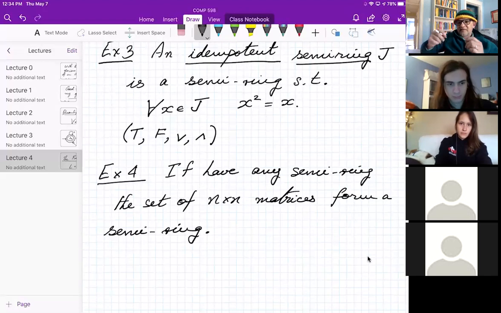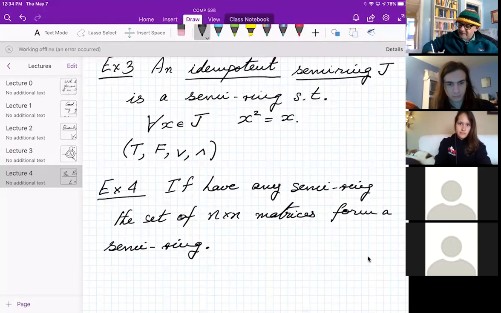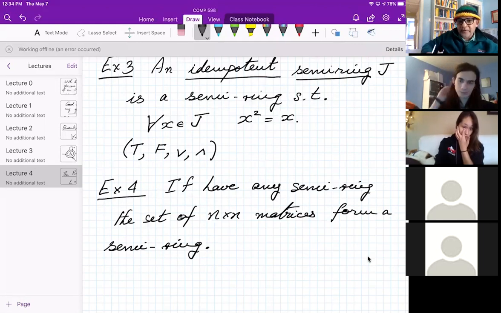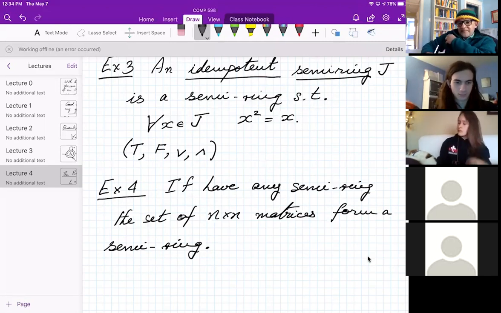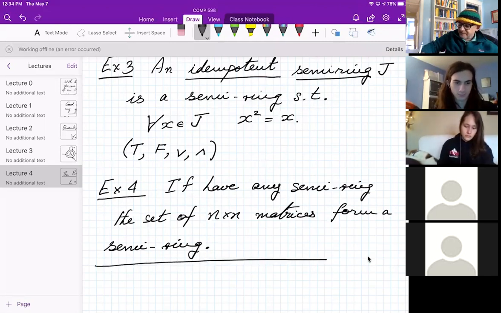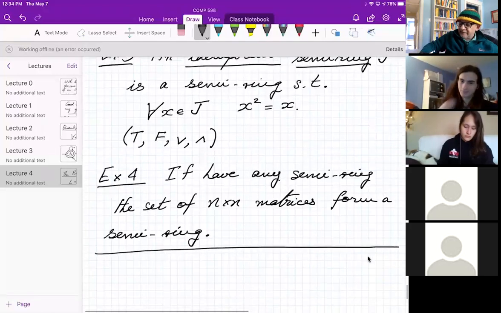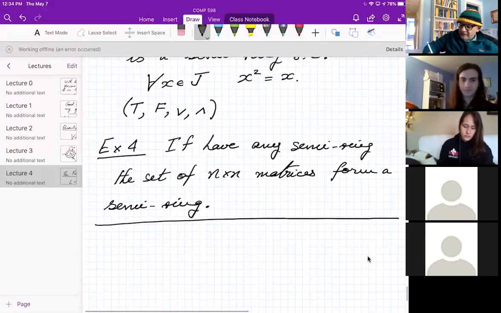So bits, true, false, that's like a very, very simple algebra, not much is going on. But Boolean matrices form a nice semiring. And they are, in fact, an idempotent semiring. And so with Boolean matrices, you can do lots of things. Okay, good. So this is kind of a warm-up for Kleene algebras.